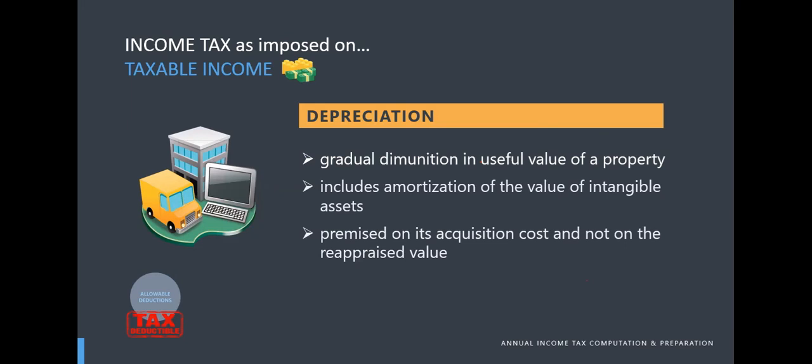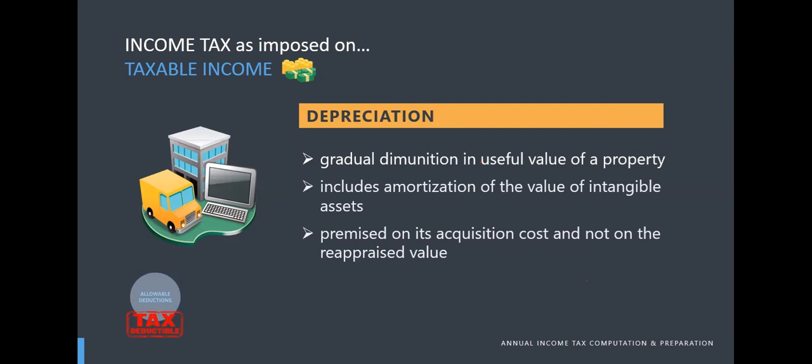So, for example, a machinery is purchased at 500,000. However, due to business reorganization, the value of the property increased from 500,000 to 600,000.